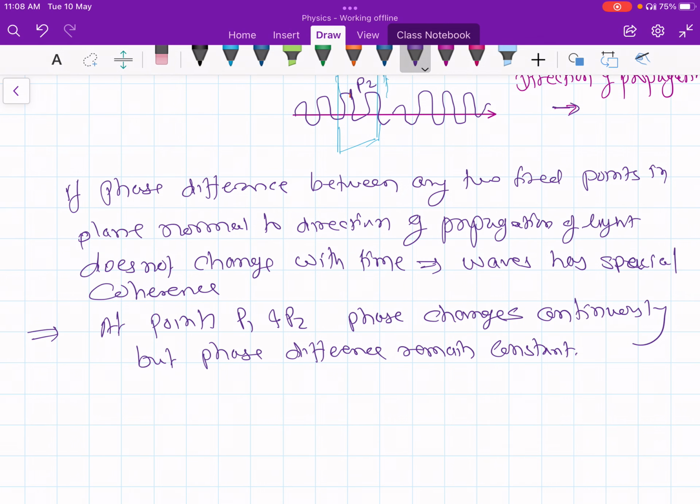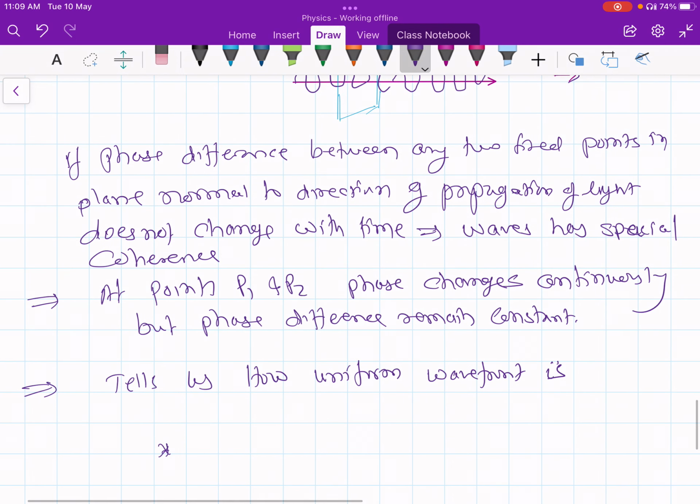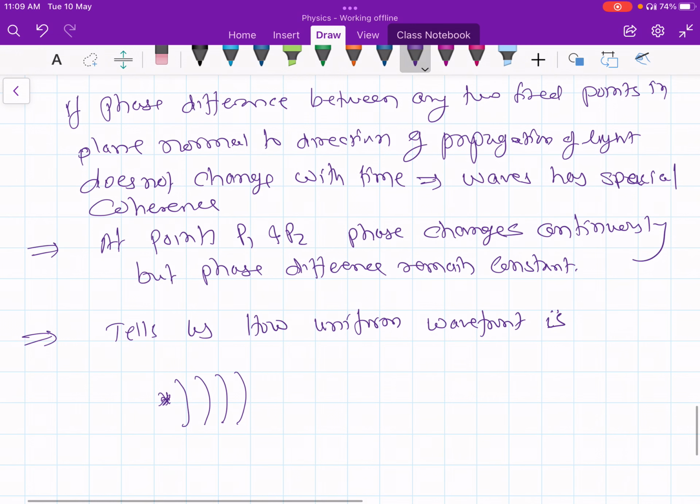Here, this spatial coherence tells us how uniform the wavefront is. See, we know that if this is a source, then these are the wavefronts. These are uniform wavefronts only if the source is a point source. If the source is a point source, then the waves are uniform, and you can select any two points on the wavefront, say P1 and P2, irrespective of the distance between them.